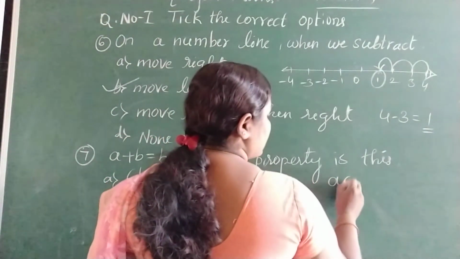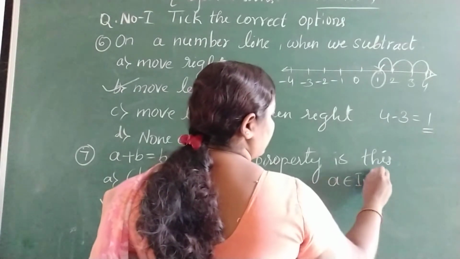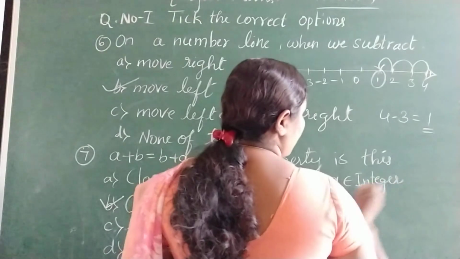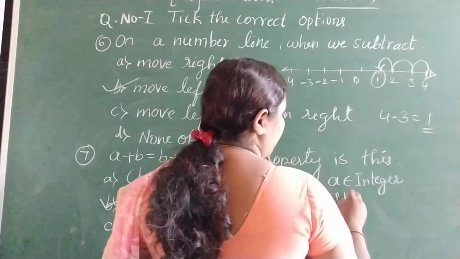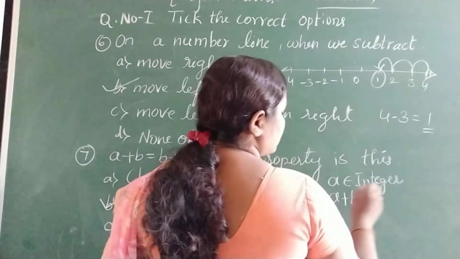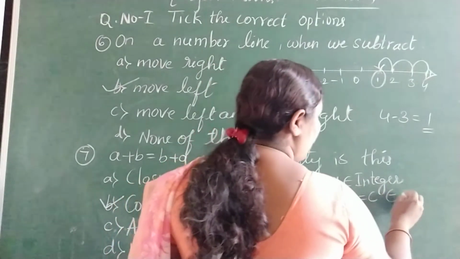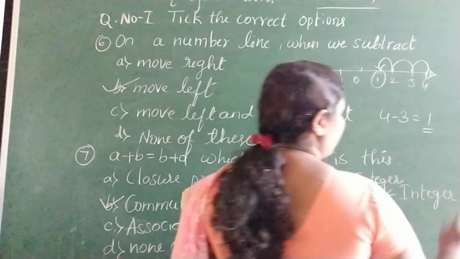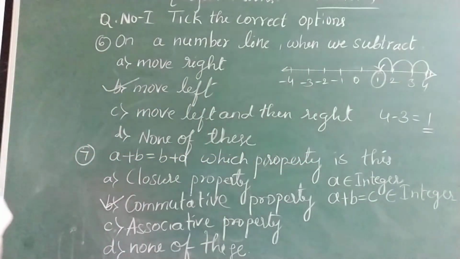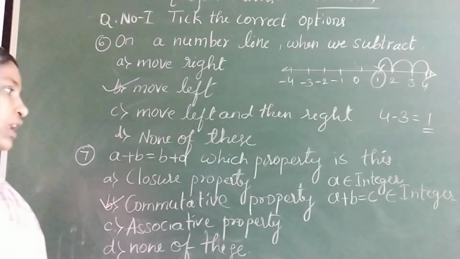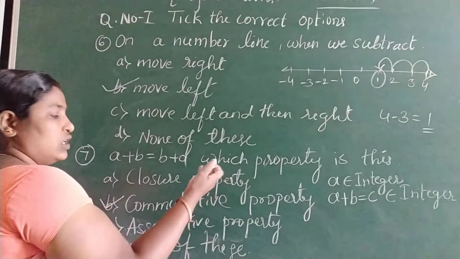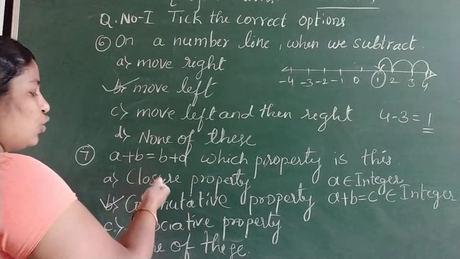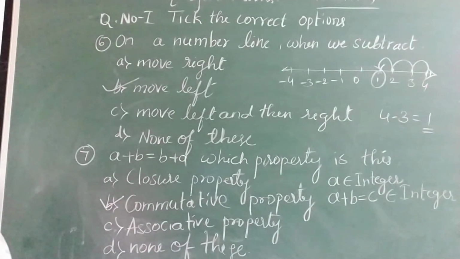Where A belongs to an integer, A plus B is equal to C, and C should also belong to an integer. Yes, this is known as closure property. Here I asked about commutative property. You may get the question on closure property or associative property.